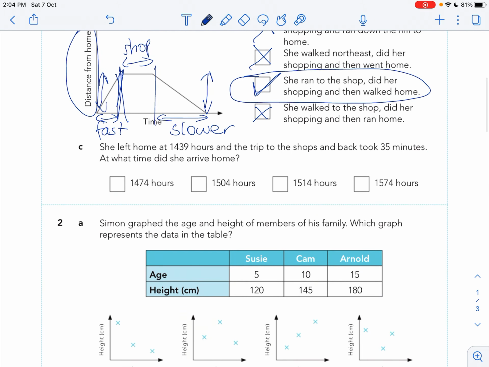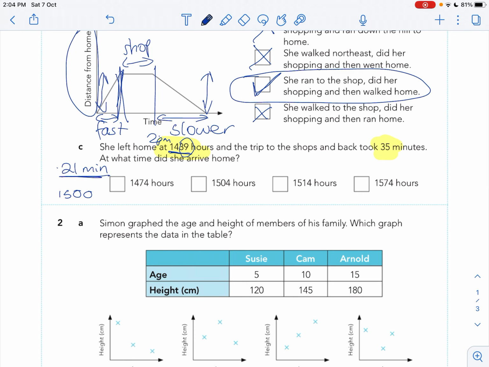She left home at 14:39 and the trip took her 35 minutes. So 14:39. This is the minutes bit, and the 14 is the hours bit, which is actually 2 p.m., but that's irrelevant. So the 39 minutes, to bring that up to 60 minutes, or the next hour, we're going to add 21 minutes onto it, and that'll bring it up to 15:00 hours.